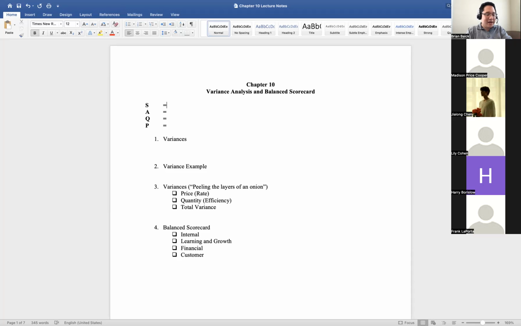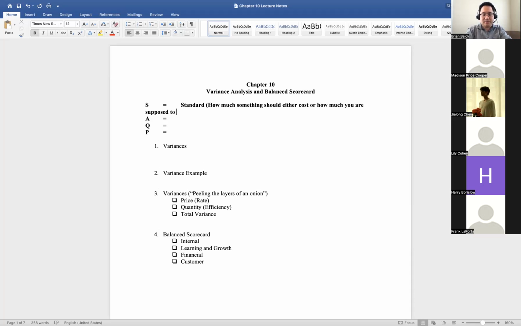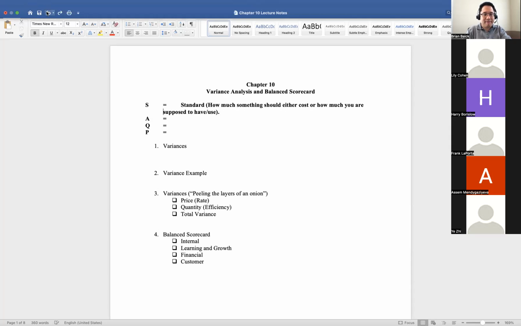S stands for standard. Standard refers to how much something should cost or how much you're supposed to have or use. This is going to be important for what we're going to learn today.